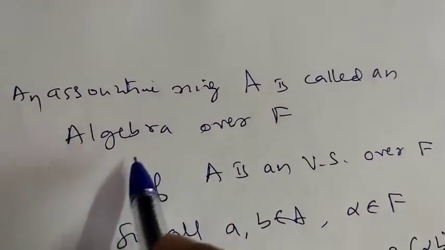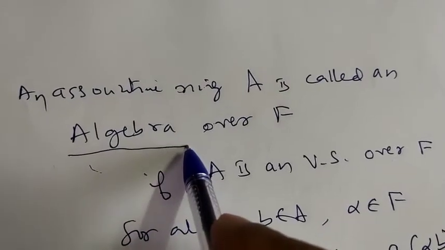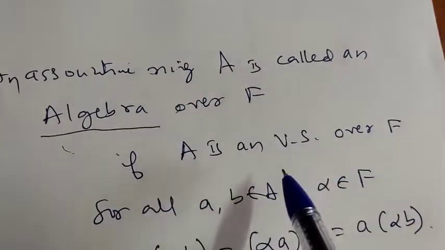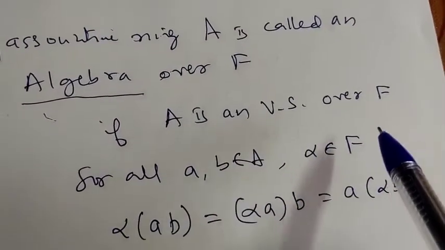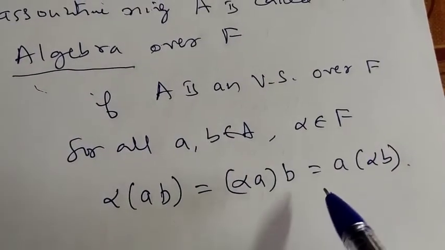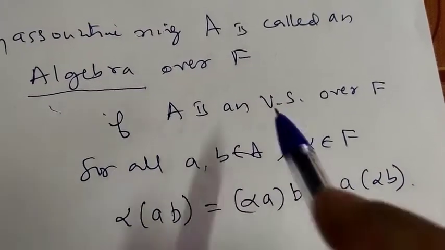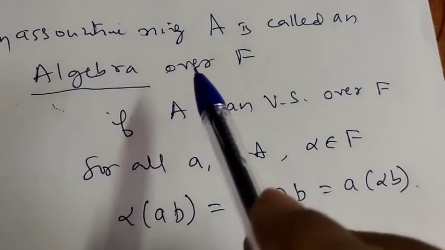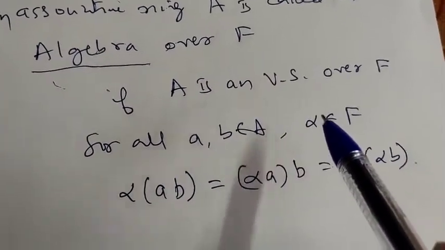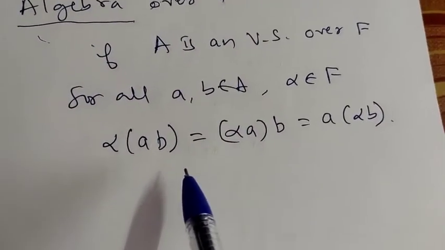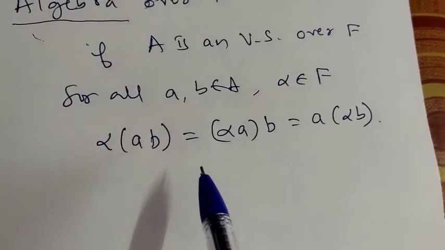So an associative ring A is called an algebra. This is a very important definition. It is called an algebra over a field F if A is a vector space over F such that this condition holds true. So an algebra is a ring as well as an associative ring as well as a vector space, satisfying this additional property. Okay.